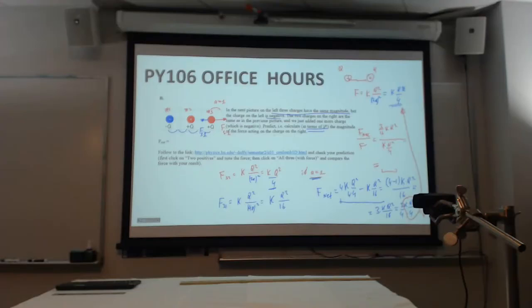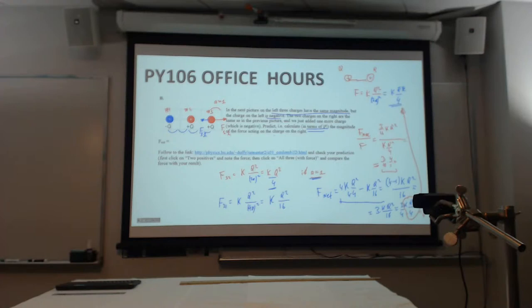I'm confused. I mean, the Q's would cancel and the K's would cancel. So it would be 3 over 16 times 4 over 1. Well, so if you simplify it to another, that's equal to what?